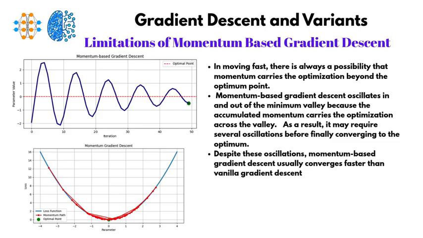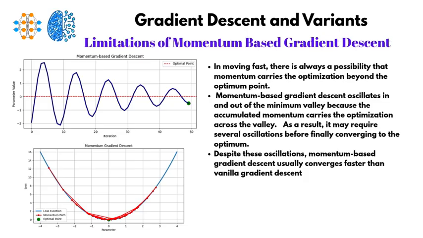Look at the top graph. The red dashed line represents the optimal point, which is around 0. The blue curve shows how the parameter changes over successive iterations. Notice that the parameter does not move directly to the optimum. Instead, it moves from one side to the other, repeatedly crossing the optimal point.